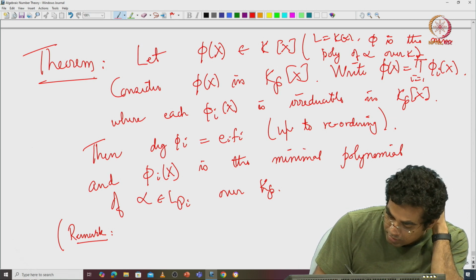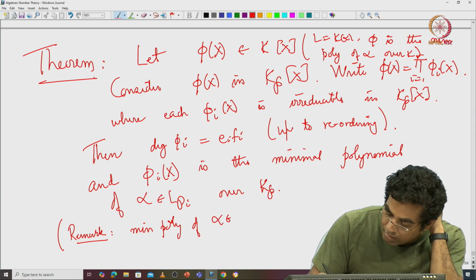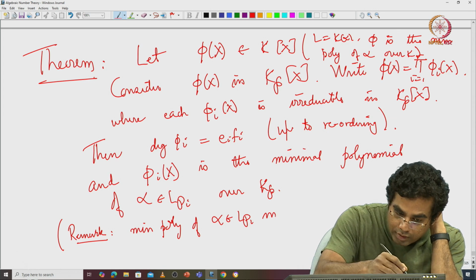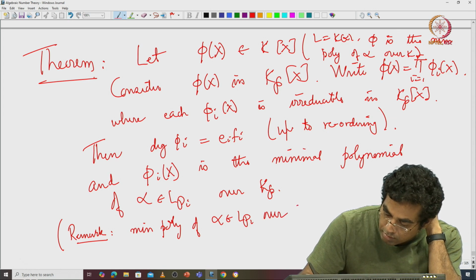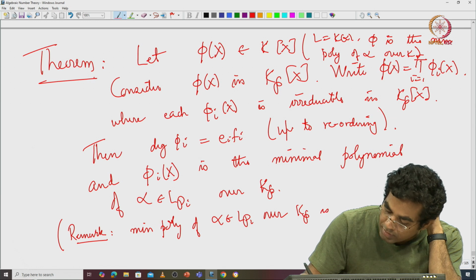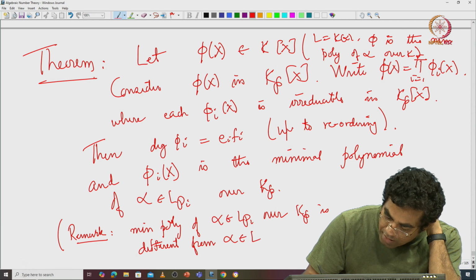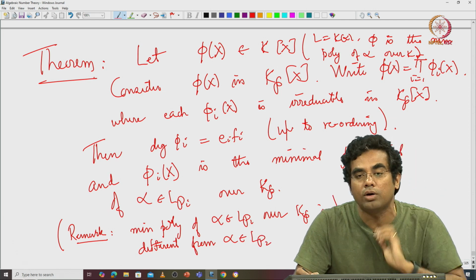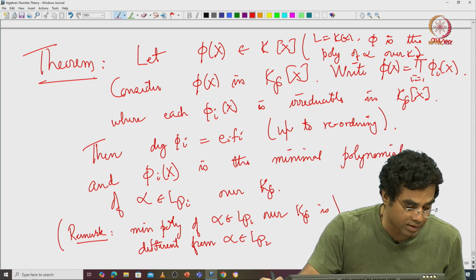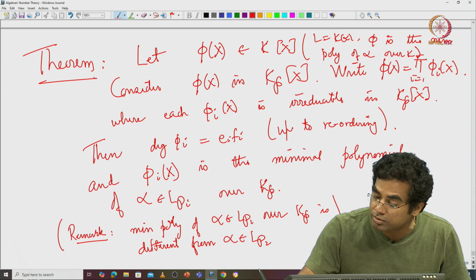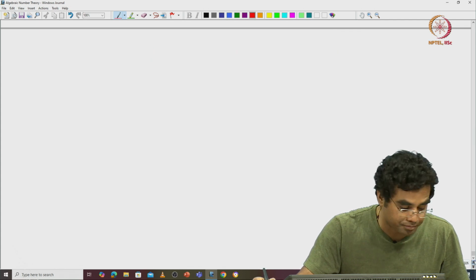The minimal polynomial of alpha in L_{p_1} over K_p is different from that of alpha in L_{p_2}, right, and so on. So, this is an added subtlety that you may not have seen before.